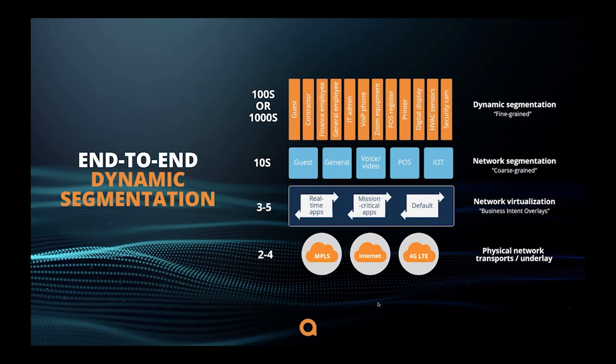This might be hundreds or thousands, where you're talking about users or devices, and they can then be associated with a role where you can then maintain the security posture of that application, those devices end to end throughout the entire WAN fabric and out to the internet for the services that they're required to access. So that's where you can see all of this coming together with that dynamic segmentation capability.